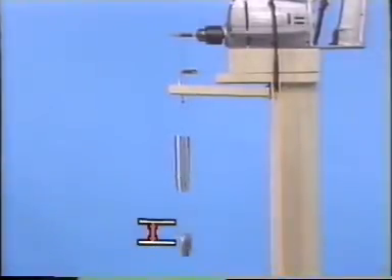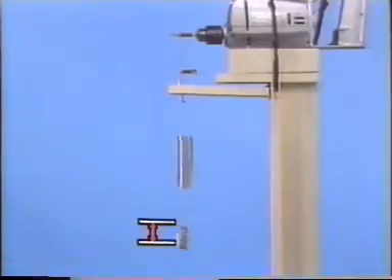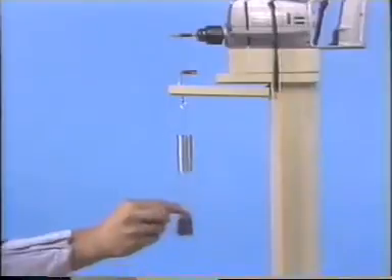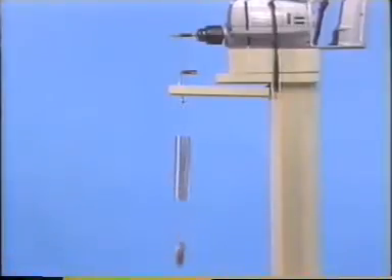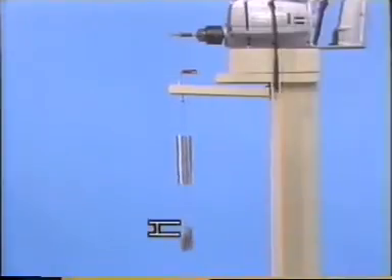You will notice that turning on the drill reduces the amplitude, or size, of the oscillation of the spring. Now, we will increase the speed of the drill until the frequency of the oscillation that it produces reaches the natural frequency of the vibration system.